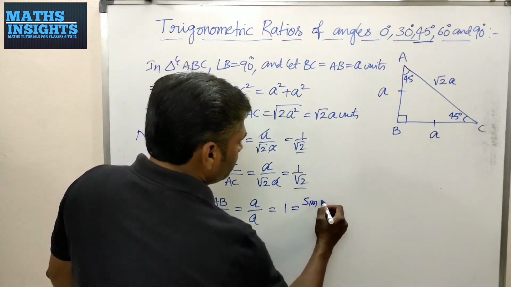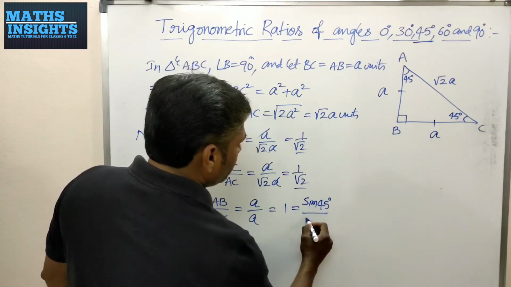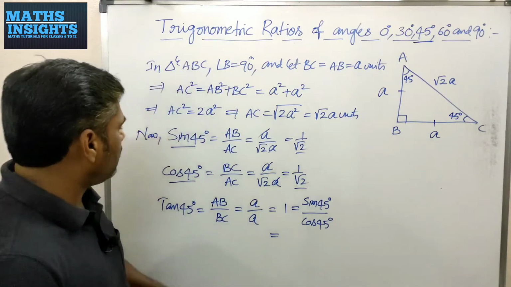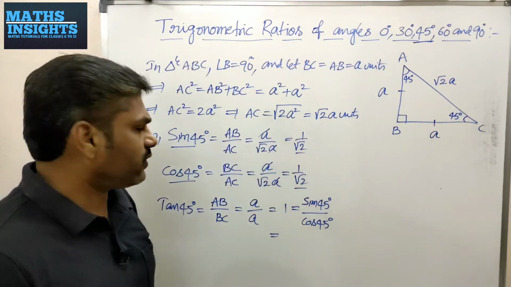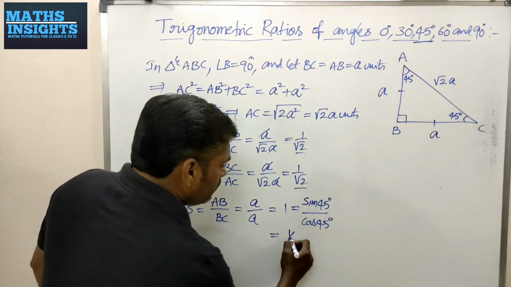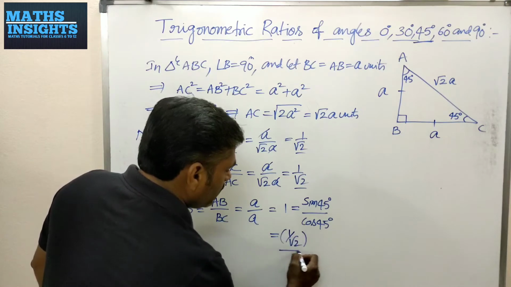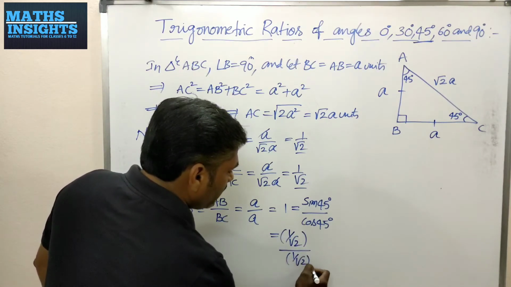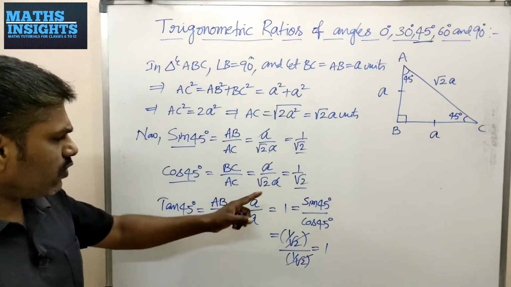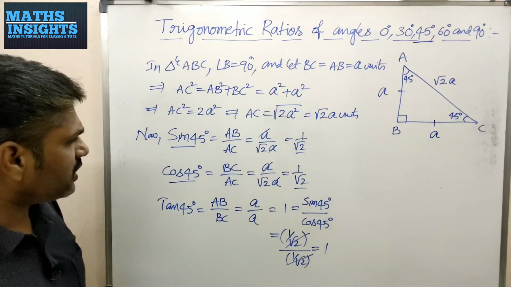That is 1 by root 2 divided by 1 by root 2. If you cancel these two, you will get again 1. So in both ways you will get the same answer.